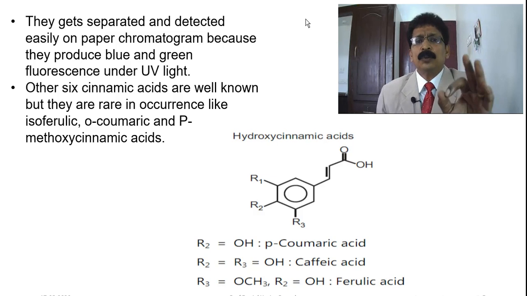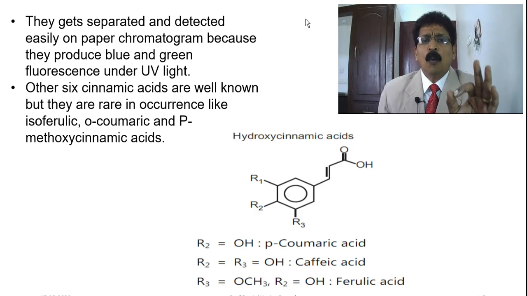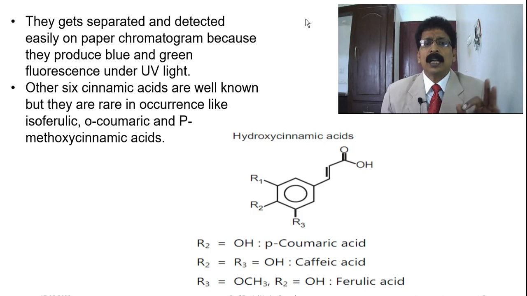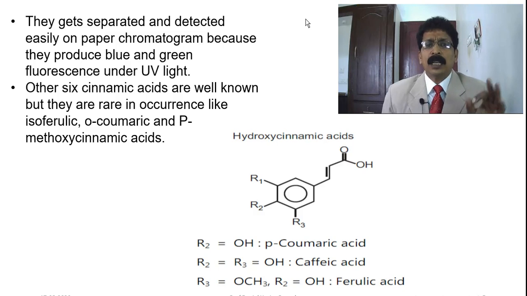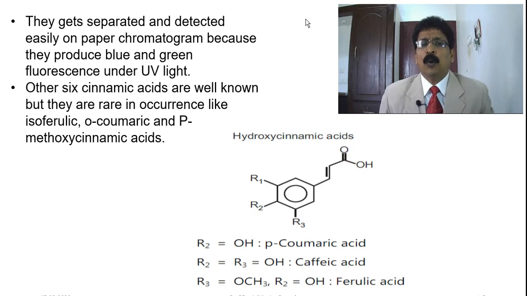If it is hydroxycinnamic acid substituted with OH at R2, the para position, then it is para-coumaric acid. If R2 and R3 are OH, then it is called caffeic acid. If R3 is a methoxy group and R2 is OH, then you can say ferulic acid.